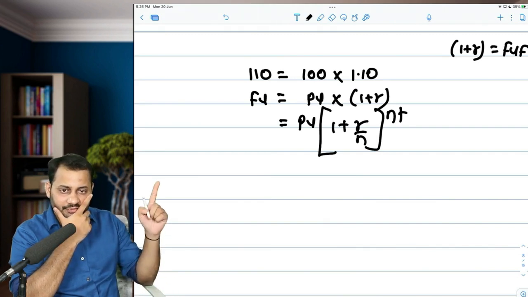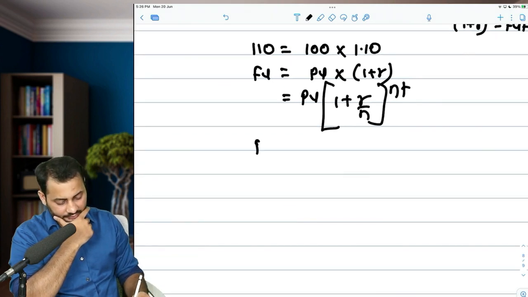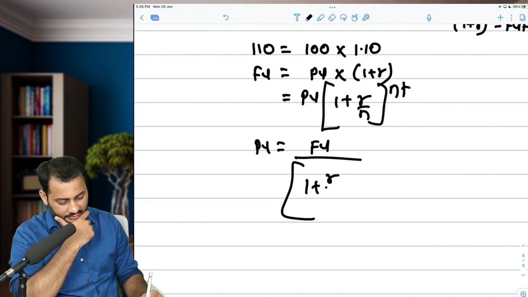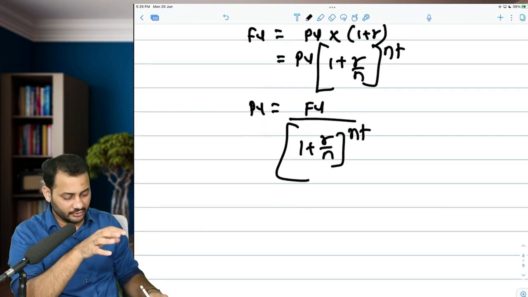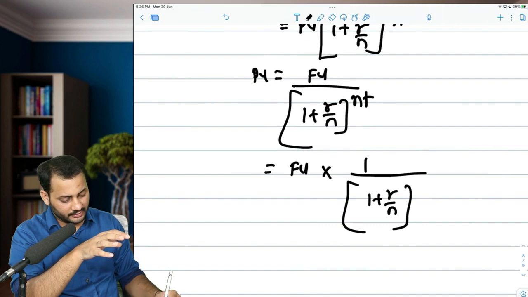Right? If we shift the present value on that side and future value on that side, it will look like this: future value divided by, this entire thing will go in the denominator, and if we separate the denominator from the numerator, we can simply write it like this: future value into 1 divided by (1 plus r divided by n) to the power nt.